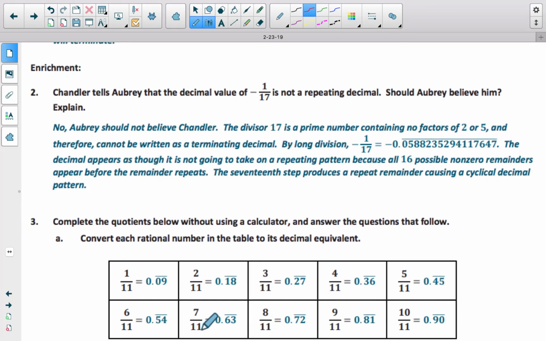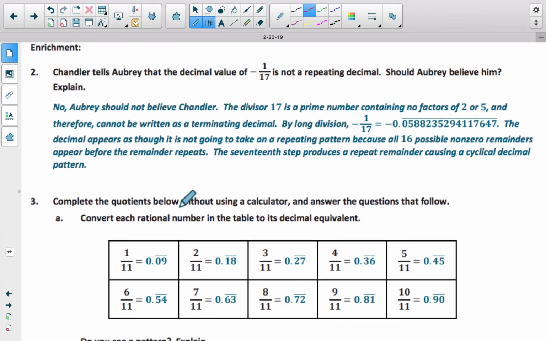Now, for enrichment 2, Aubrey should not believe Chandler. The divisor of 17 is a prime number that does not contain factors of 2 or 5. So it can't terminate. Immediately, you should know that 17 in the denominator is going to produce repetition.